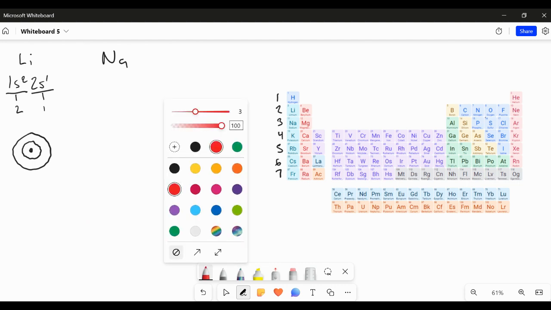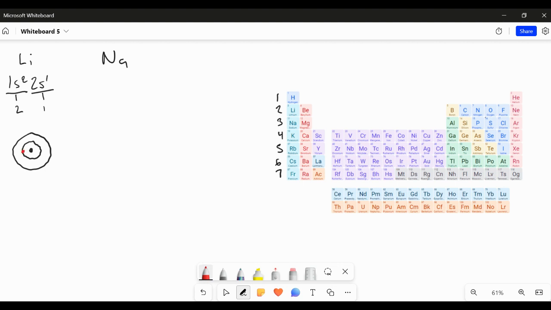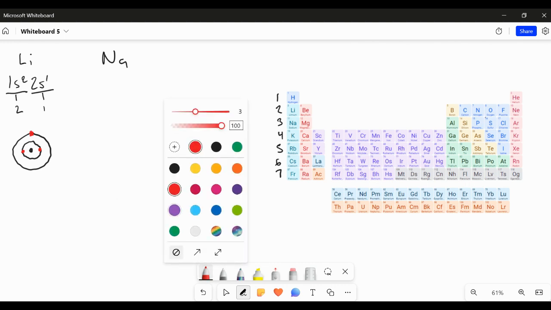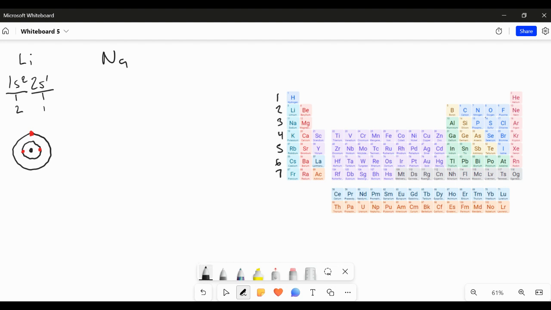And I'm going to put 2 electrons in the first energy level, and then 1 in the second energy level. Okay. So here we can see that lithium has 1, 2, 3 electrons. That matches the electron configuration, and we're good. Okay. Let's do the same thing for sodium.